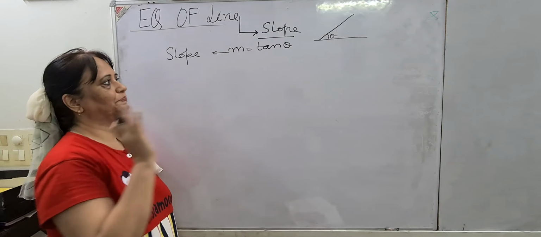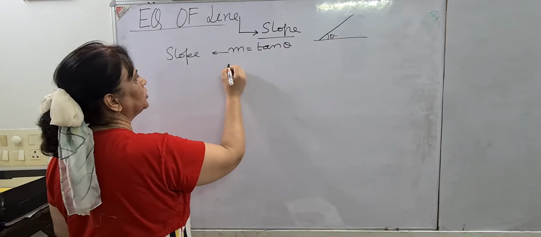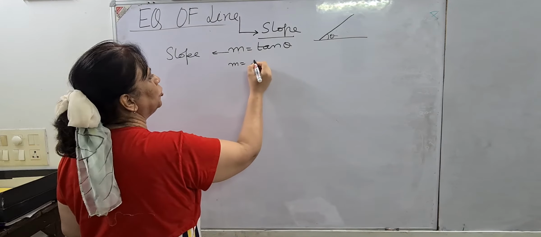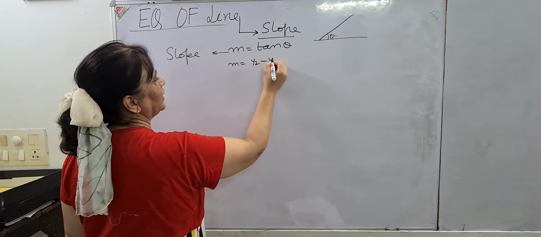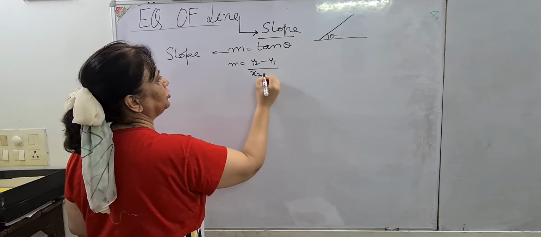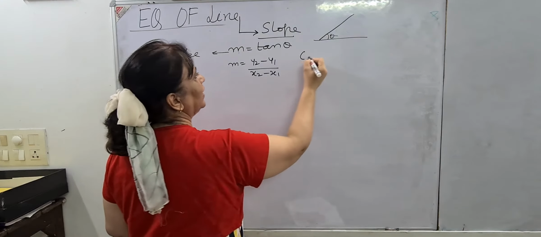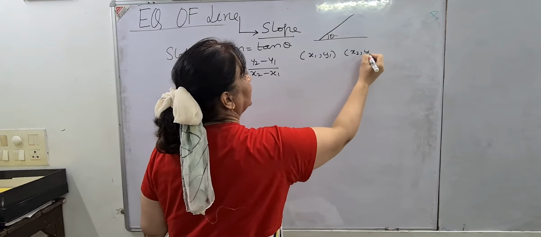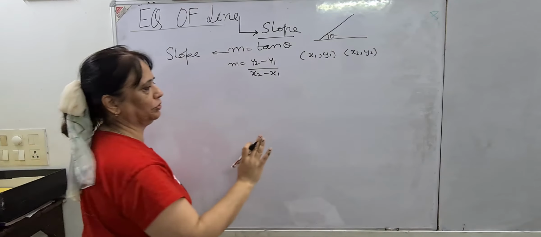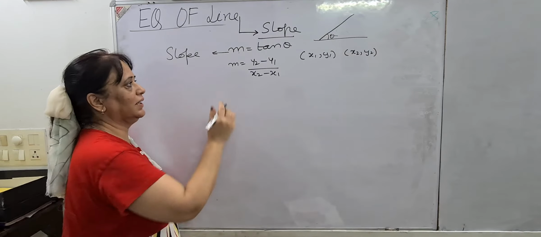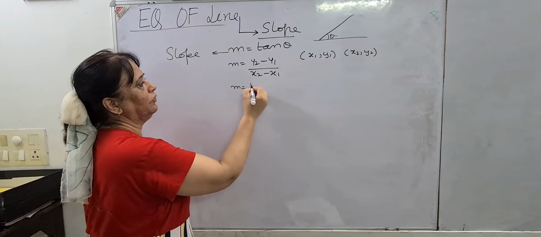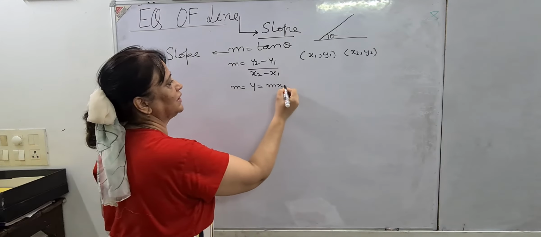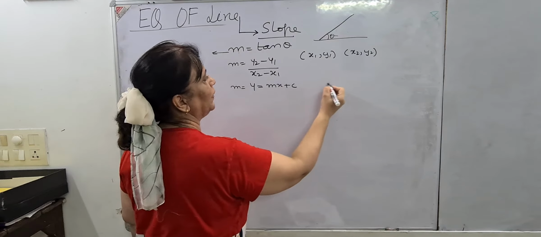But for now, the second type of slope you find from the 2-point form, that is y2 minus y1 over x2 minus x1, where always the two points x1, y1 and x2, y2 will be given to you. And the third type of slope is y is equal to mx plus c. This is the slope intercept form.